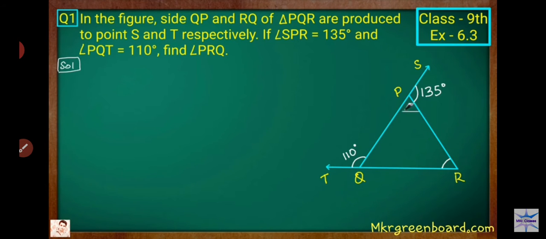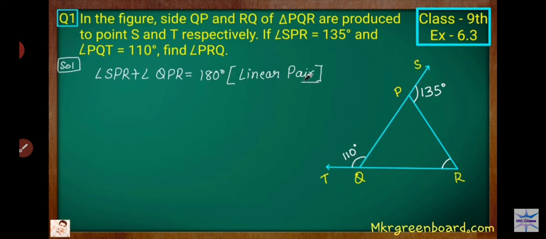Okay, let's find this angle. For this angle, SPR plus angle QPR is equal to 180. Why? Because they are a linear pair. See here, it is one line. Now SPR is given as 135. So 135 plus angle QPR is equal to 180 degrees.